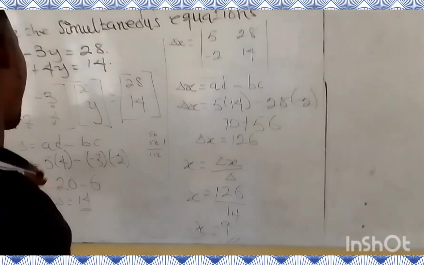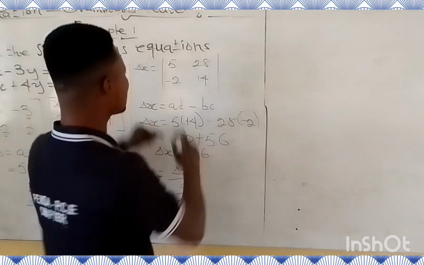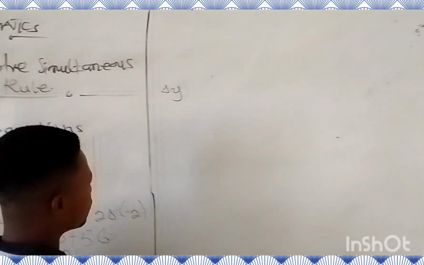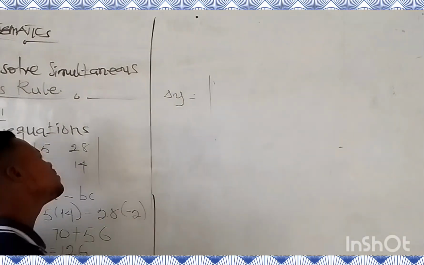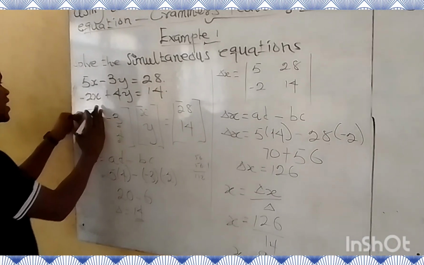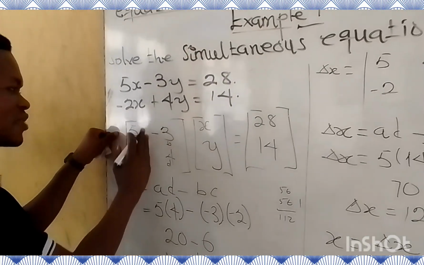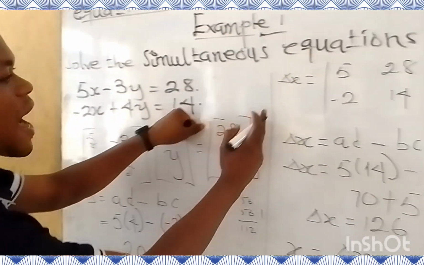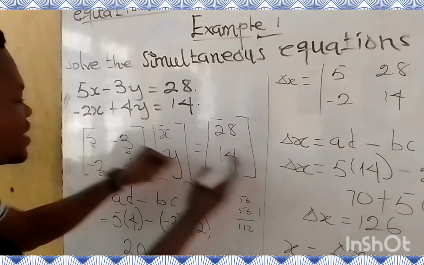Now let's find the value of y. The same thing applies here. When finding the determinant of x, we maintain the coefficients of x and substitute the coefficients of y with the constant terms, 28 and 14.